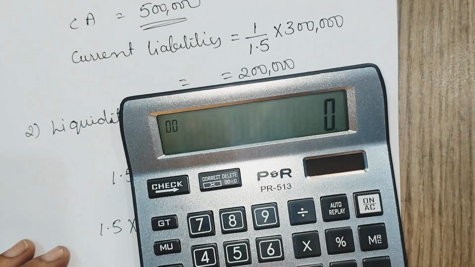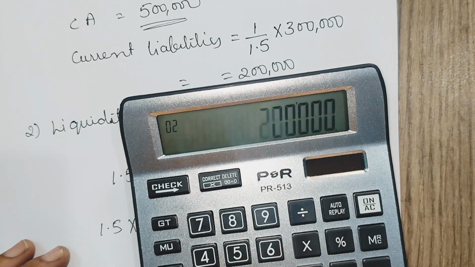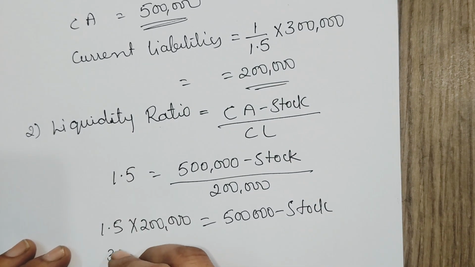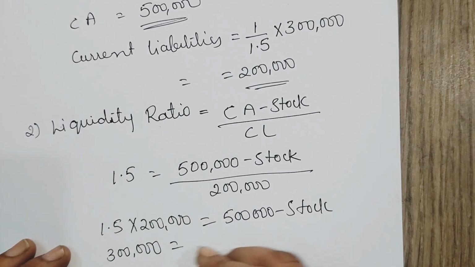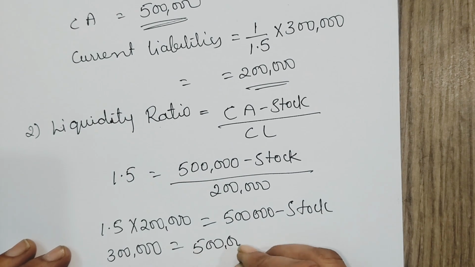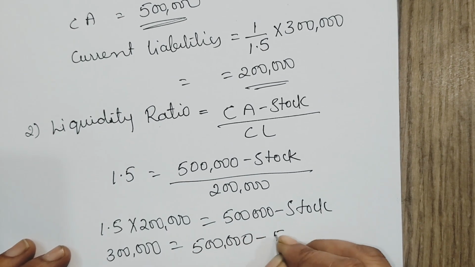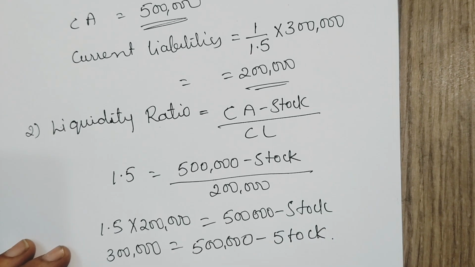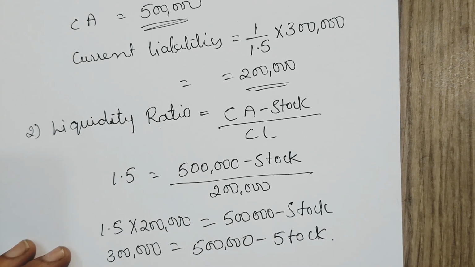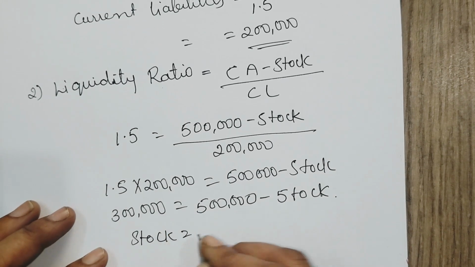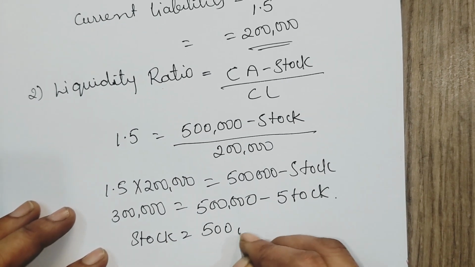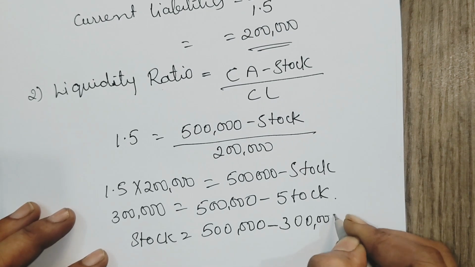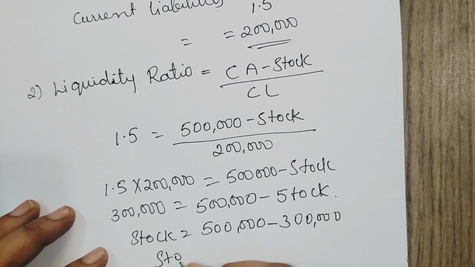1.5 into 2 lakh is 3 lakh, which is equal to 5 lakh minus stock. Now stock is equal to 5 lakh minus 3 lakh. Stock is how much?